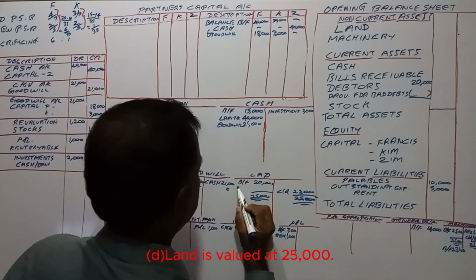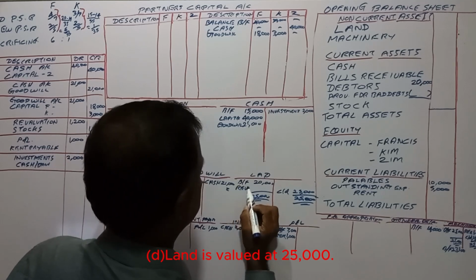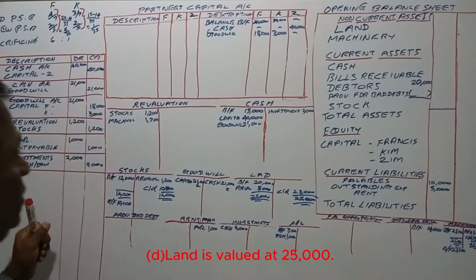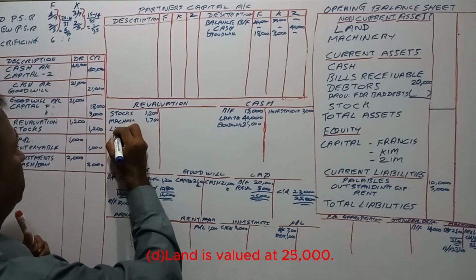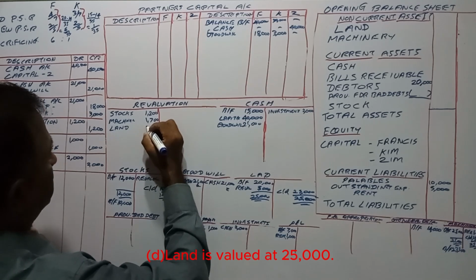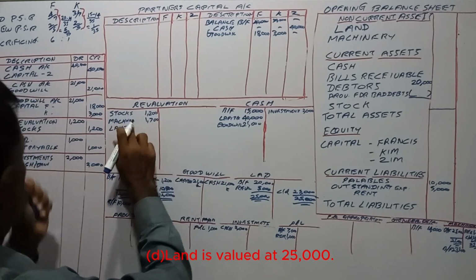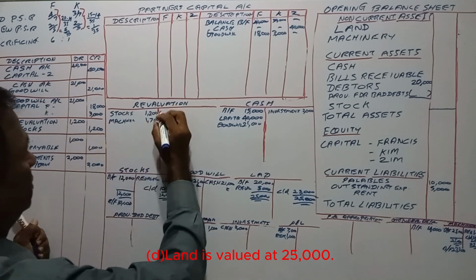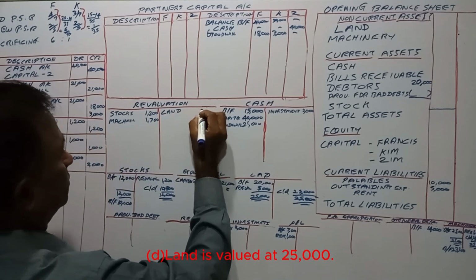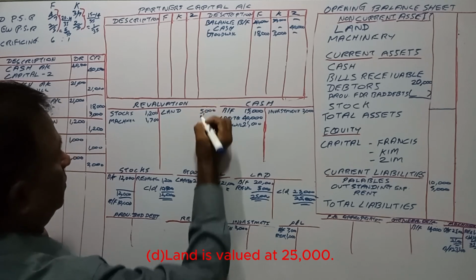Land account revaluation 5,000. Revaluation account land 5,000. Sorry. Revaluation land 5,000. Right?